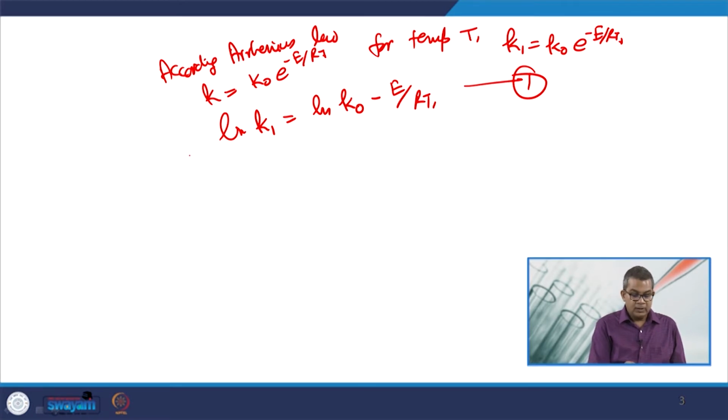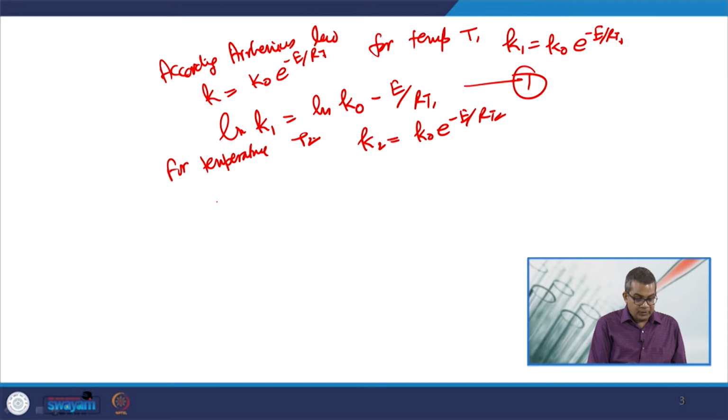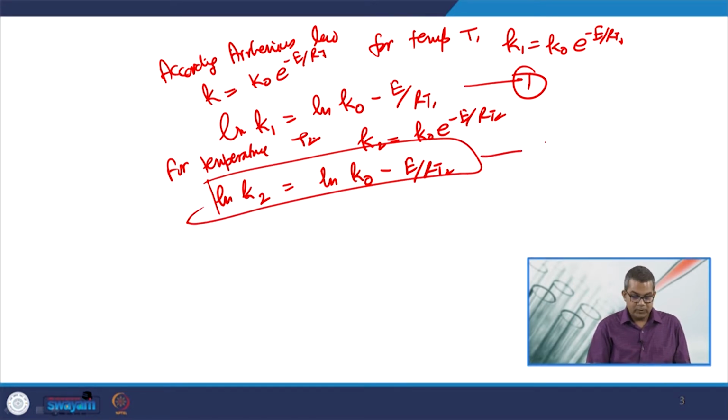Now for temperature T2, k2 = k0 e^(-E/RT2). Again taking the log, ln k2 = ln k0 - E/RT2. This is equation number 2.